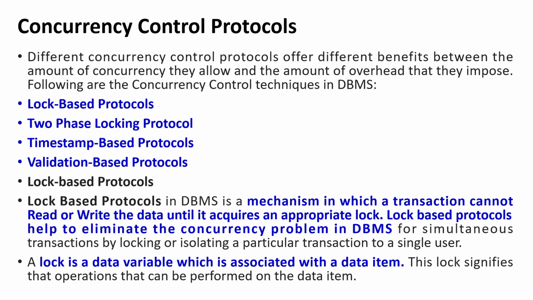There are certain concurrency control protocols. These are lock-based protocols, two-phase locking protocol, timestamp-based protocol, and validation-based protocol. Lock-based protocol is a mechanism in which a transaction cannot read or write the data until it acquires an appropriate lock. Lock-based protocols help to eliminate the concurrency problem in DBMS.